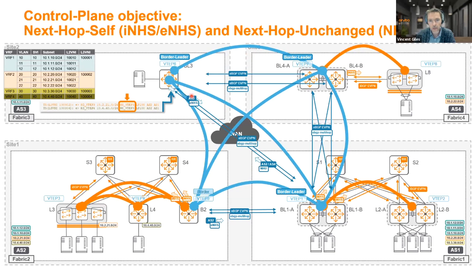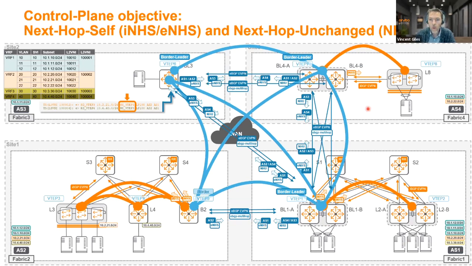Here this is the natural next hop self for external BGP, so that's why I call that E next hop self. Then similarly, we want Fabric 2 to receive the routes of AS3 and 4 with next hop unchanged, and AS1 with E next hop self as the regular mechanism.